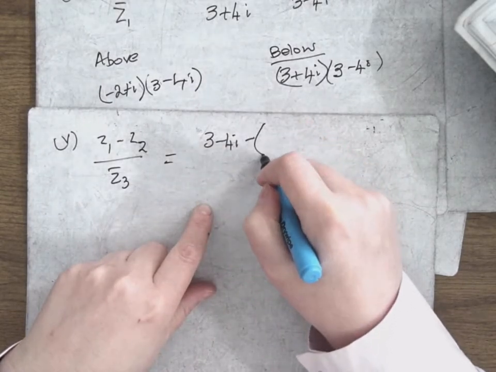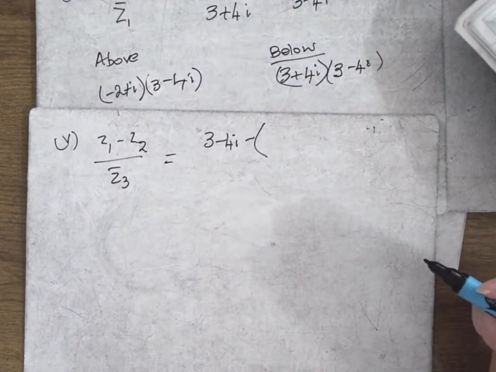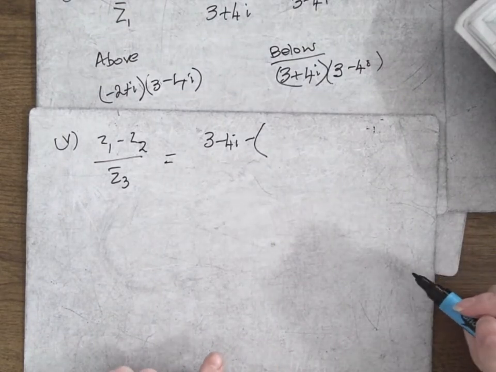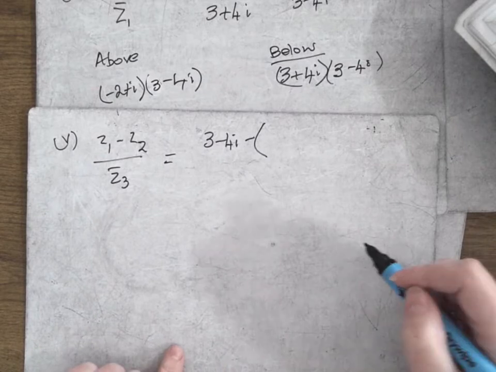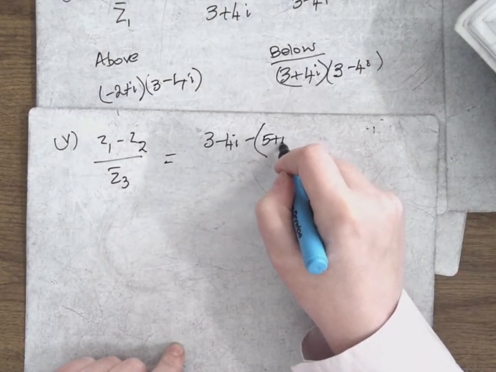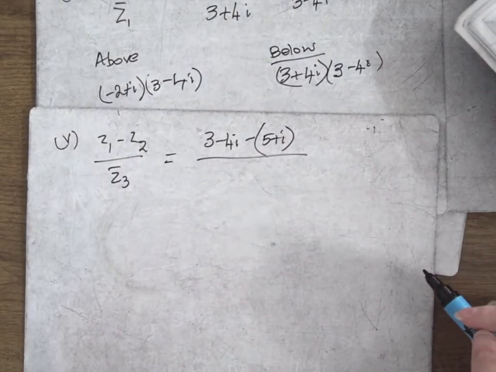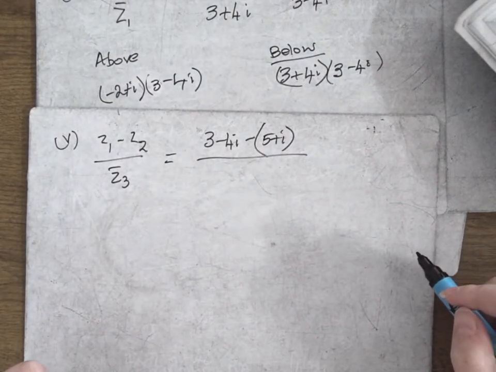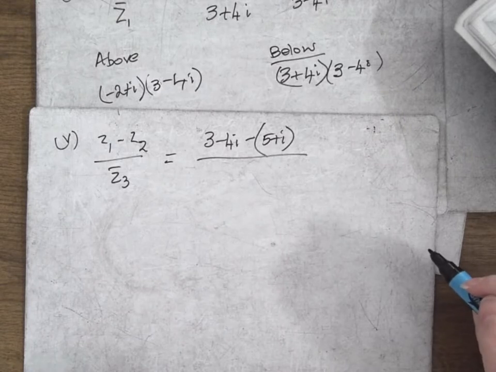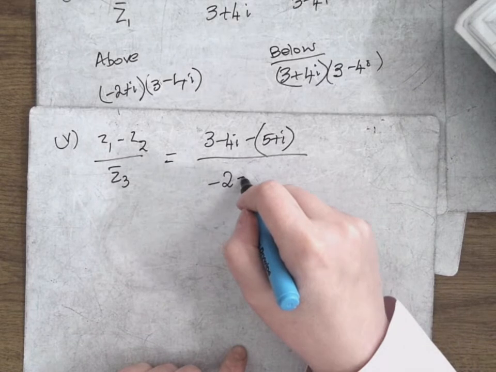I'm going to put the second one in a bracket, because if I don't, I'll forget to change the sign. So it's minus Z2, Z2 is 5 plus i. And then I want to divide that by Z3 conjugate. Z3 is minus 2 plus i, so Z3 conjugate is minus 2 minus i.